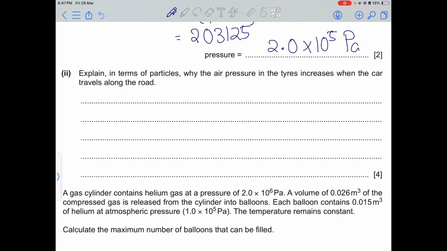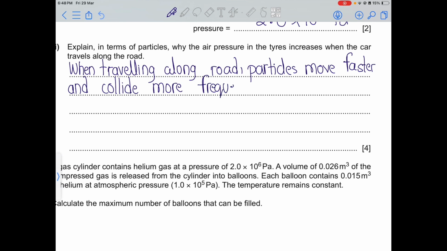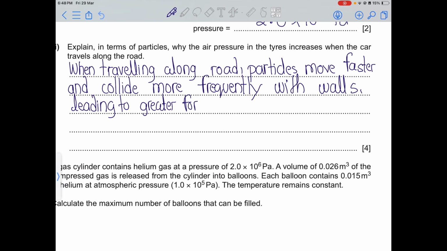I would say that when traveling along the road, particles move faster and collide more frequently with the walls, leading to greater force on the walls, which increases pressure.